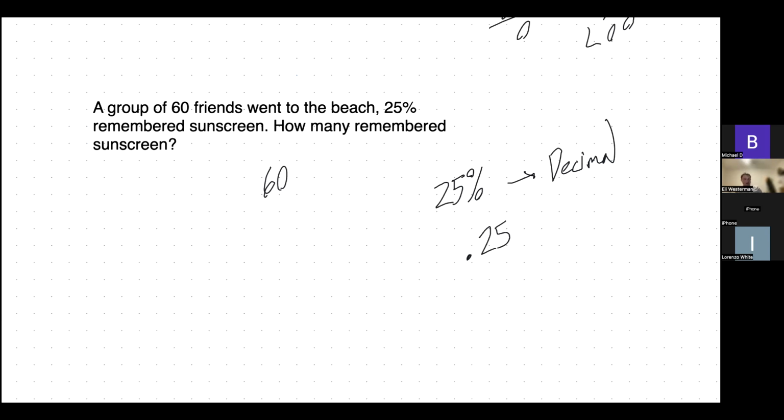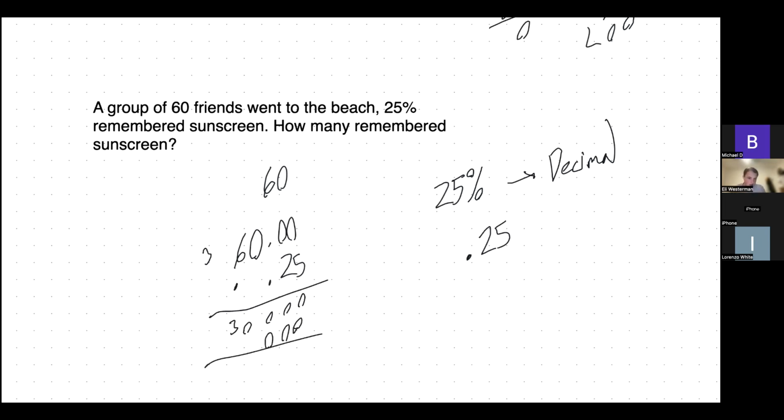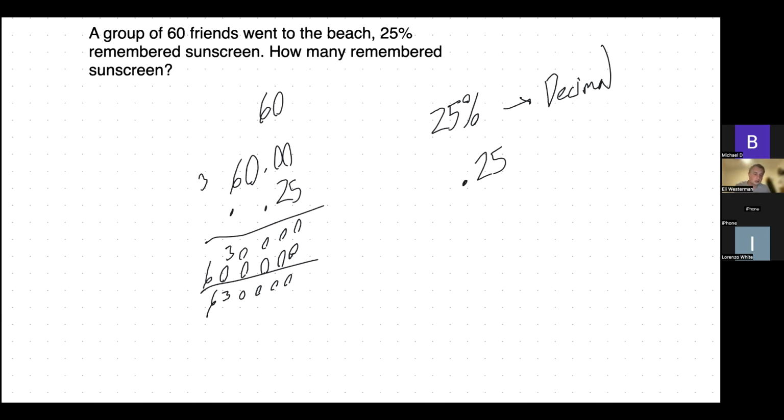Then we have to say 60 times 0.25. So I'm going to go 60.00, and then a placeholder 0. Well, this doesn't seem right to me.